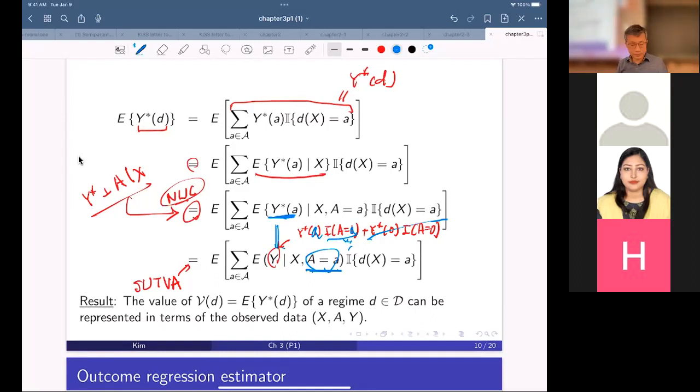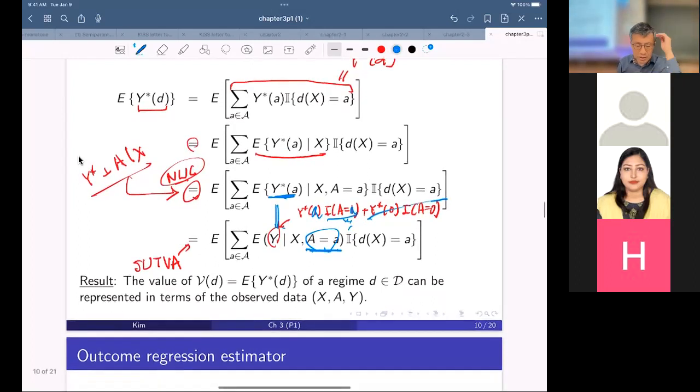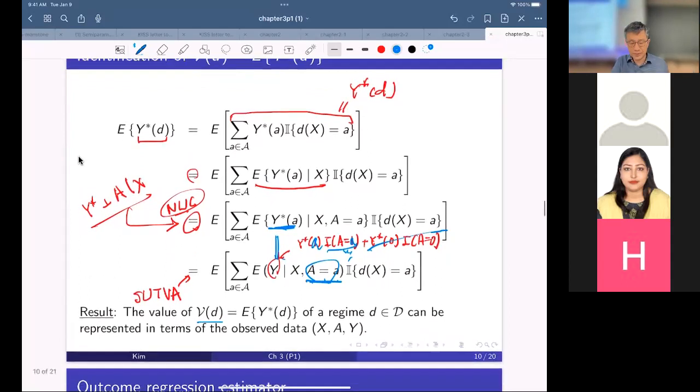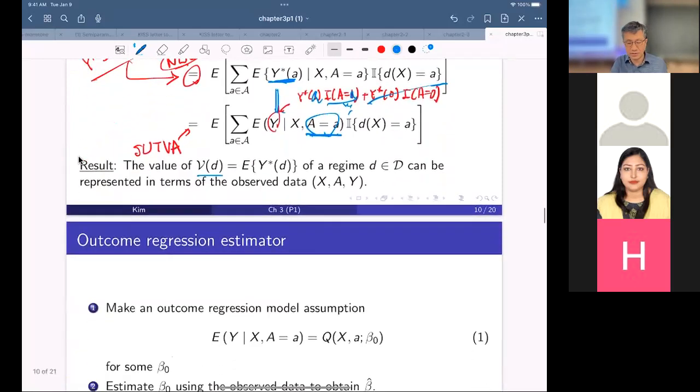Okay. So that's a very useful result, because the value function, which is a function of the potential outcome, is eventually expressed in terms of the observed data, so that you can estimate it from the sample.